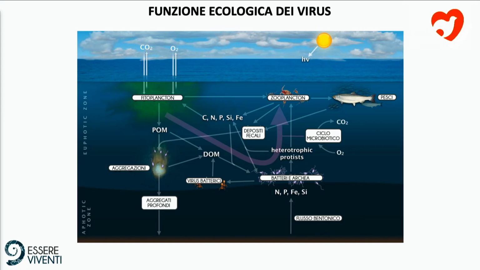But let's bear in mind that viruses are the major predators of the plankton population. So every day, about 20% of the biomass is destroyed by viruses. In particular, we talk about algae and bacterial viruses.